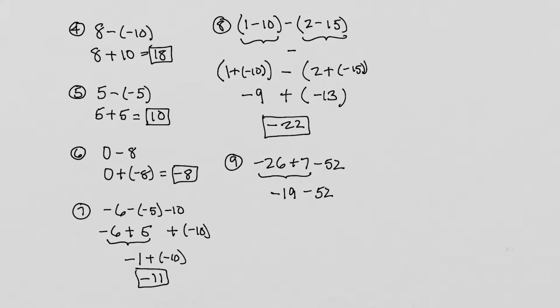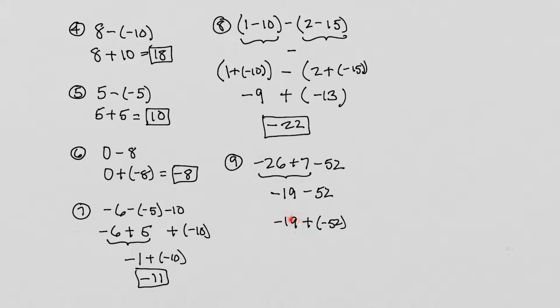Now I've got a subtraction here, right? We change that subtraction to addition: negative 19 plus the opposite of 52, which is negative 52. And now we're adding two numbers with the same sign, negative and negative. So we find their absolute values, 19 and 52.